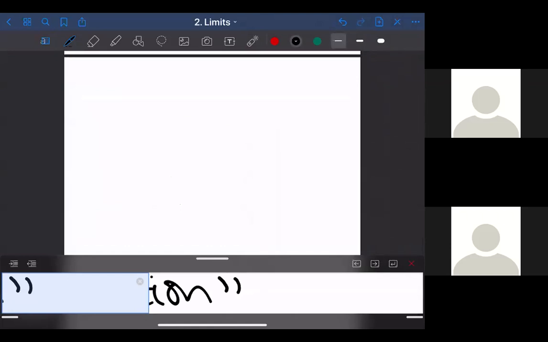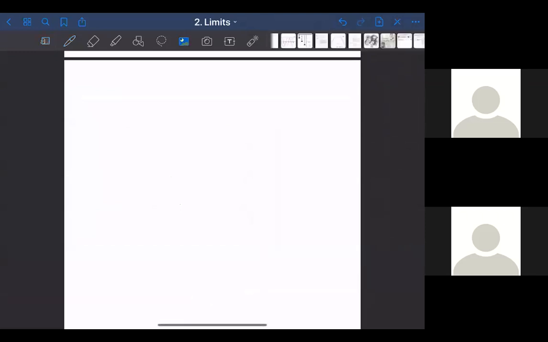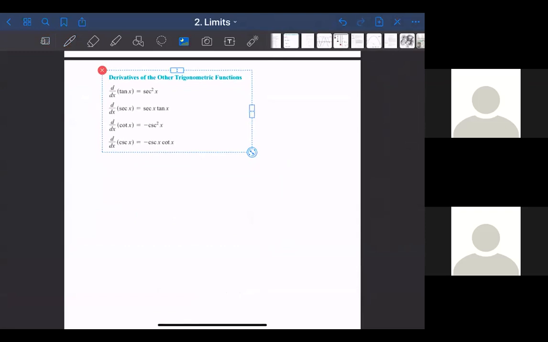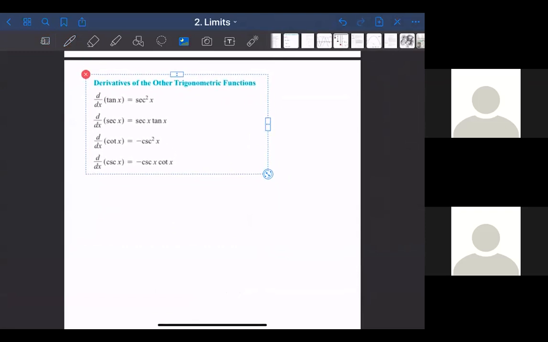Okay, so using the derivative of sine x and cos x, we can work out the derivatives of all the other trigonometric functions. So let me show you those. The derivative of tan x is sec squared x.